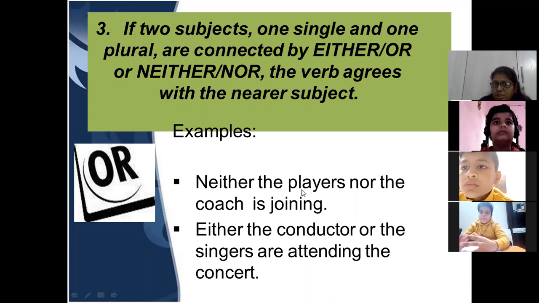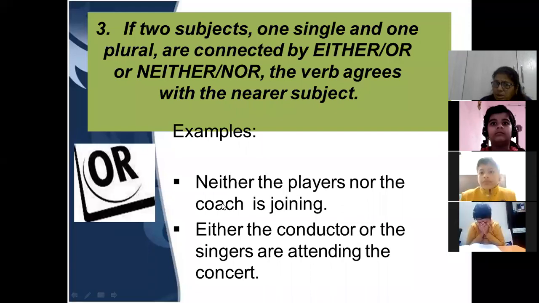So this is the first subject, players. Second subject is coach. Okay? So coach is singular, players is what? Plural. So neither the players nor the coach, means not players and not even the coach, is joining. So we will agree with this subject because this is near the verb. Okay? So verb is agreeing to the nearest subject.